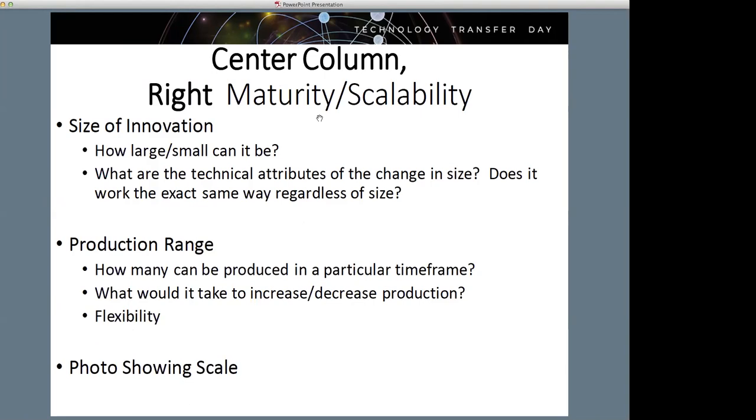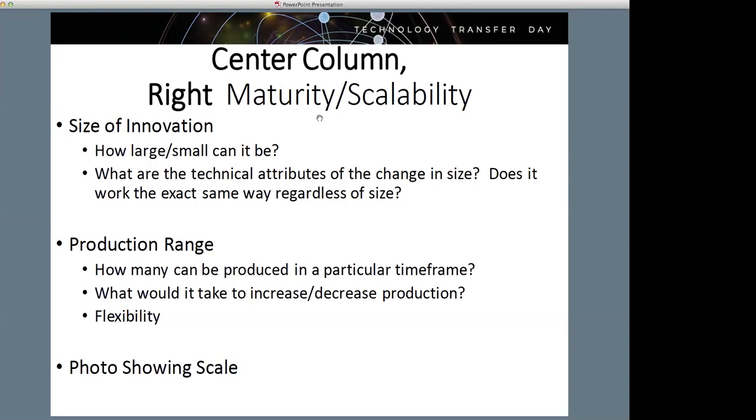The maturity and the scalability, again, that comes from that bottom right quadrant, as well as the expansion in your information paper. Again, specifically the size of the innovation itself. If you have a photo showing how or if your material or your solution can be scaled, great. Visual cues on the poster are going to be important, so this is a great place for you to use one.